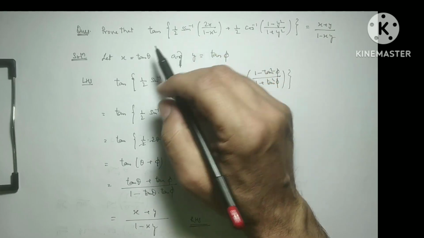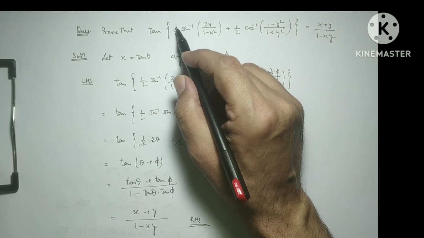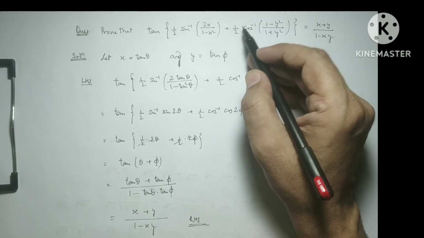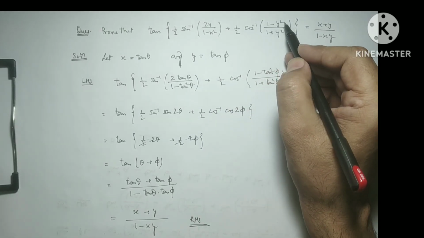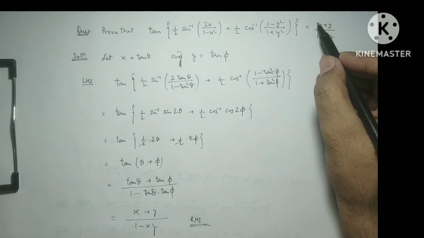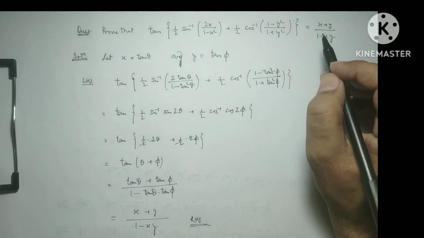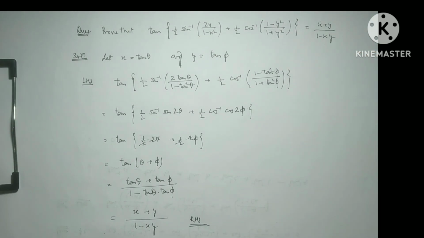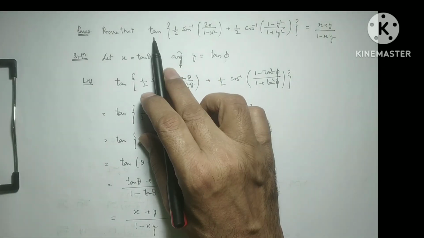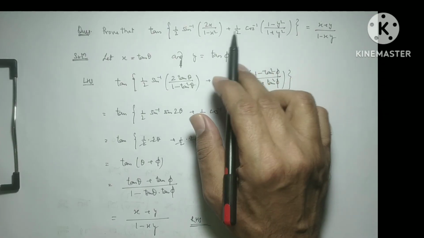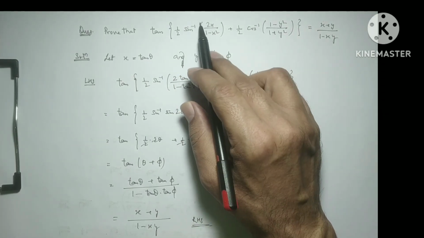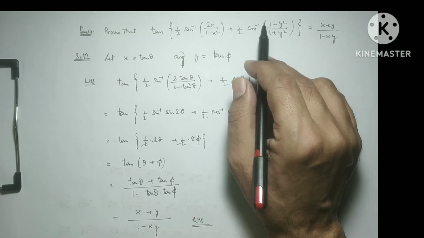Now the next question: tan of half of sine inverse 2x over 1 plus x square plus half of cos inverse 1 minus y square over 1 plus y square, we have to prove equals x plus y over 1 minus xy. According to this, we have tan of this, and you know the inverse of any value is an angle, and the same way on this side.